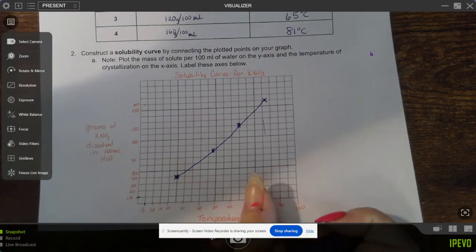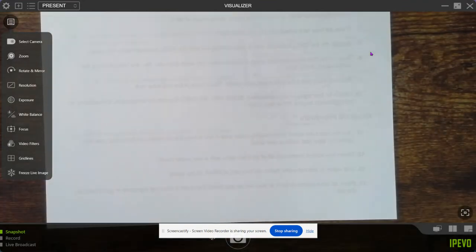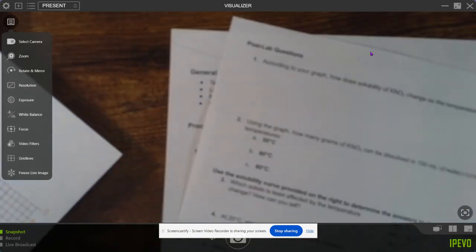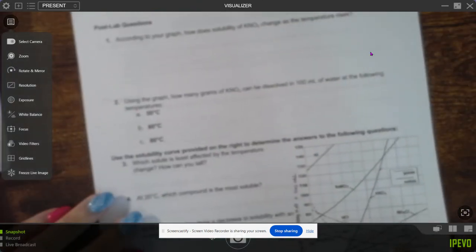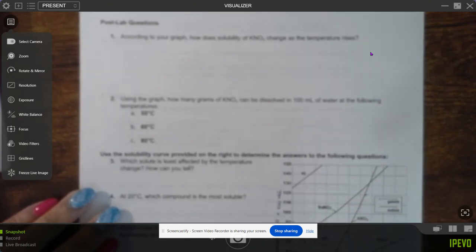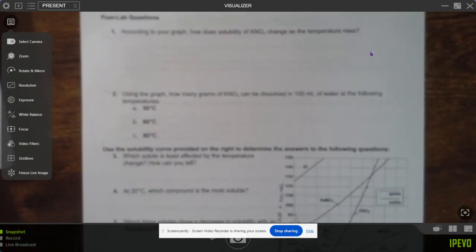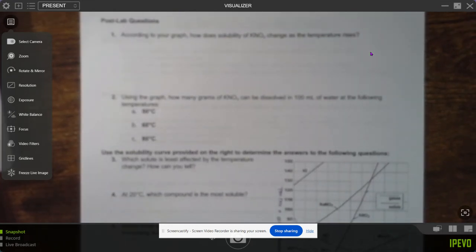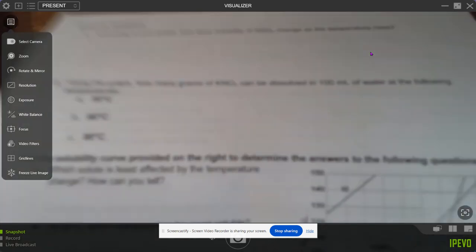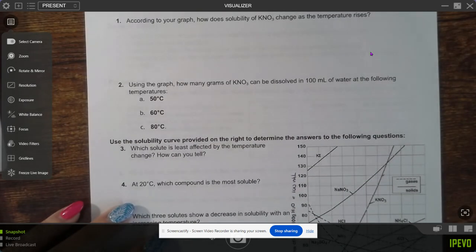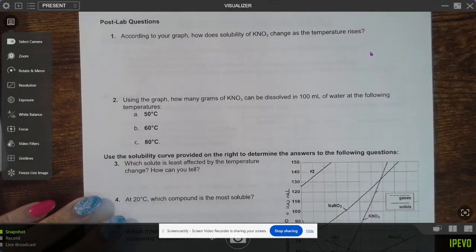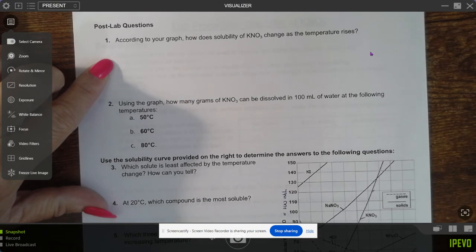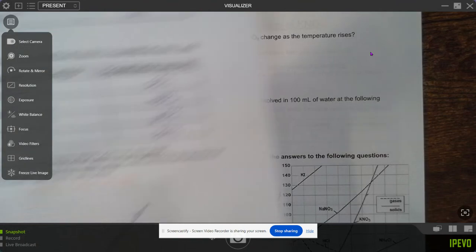You are going to use your graph to answer the post-lab questions. You're going to use your data to answer the questions. The first one is, according to your graph, how does the solubility of potassium nitrate change as the temperature rises?